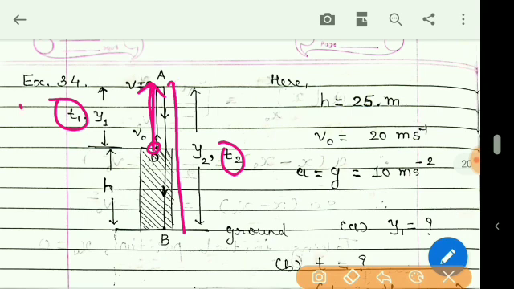So we will find time t1, we will find time t2 also for downward motion, and then we will add both the times. We will get the total time for upward and then downward. So total time can be calculated.